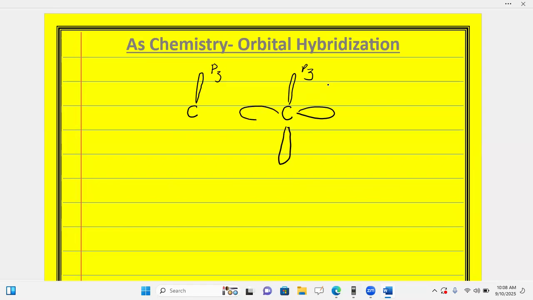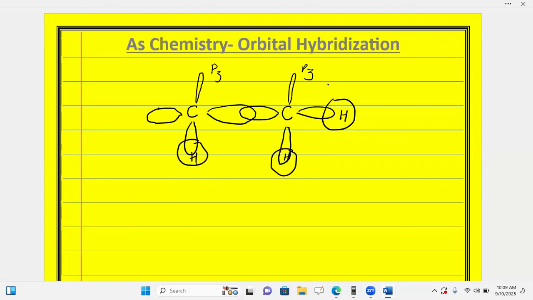One is present to make the bond with another carbon atom in the form of a single covalent bond. And here I again have an orbital and again an orbital. They are going to mix up with hydrogen, hydrogen, hydrogen, hydrogen, and all of these are sigma bonds.